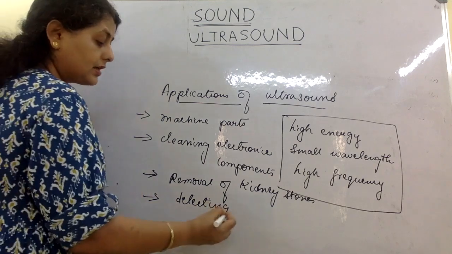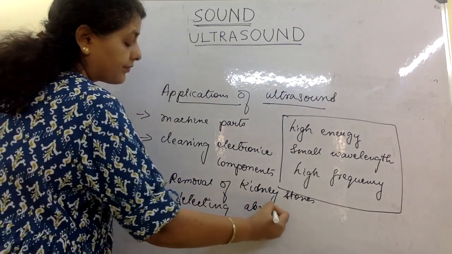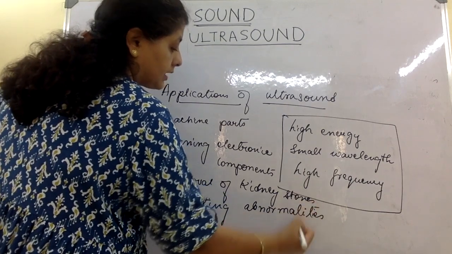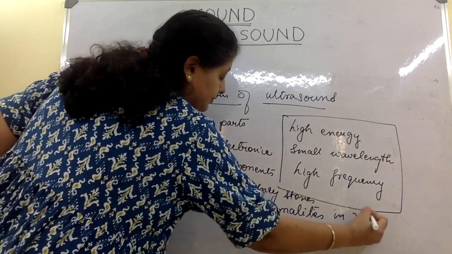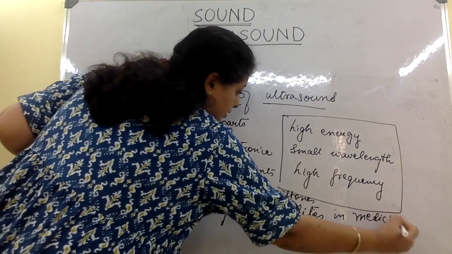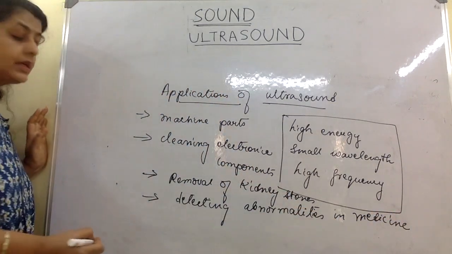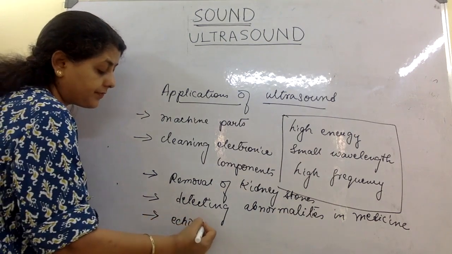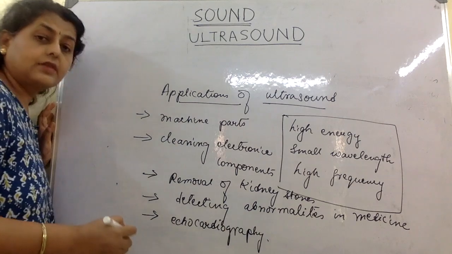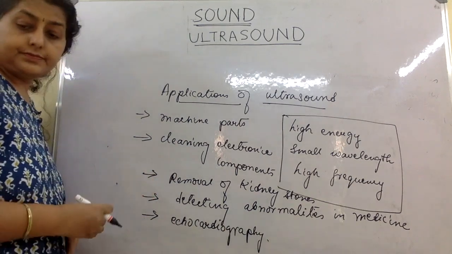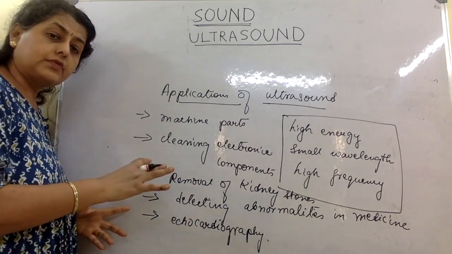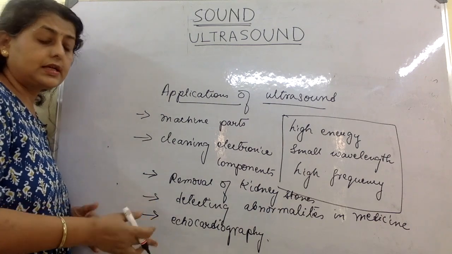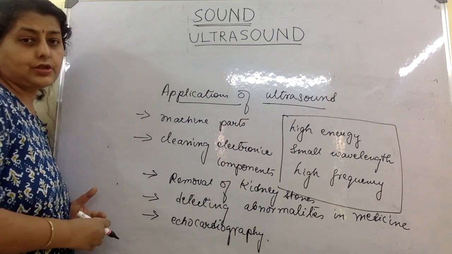So it is used for detecting abnormalities in medicine. Ultrasound is also used in echocardiography, where they understand the functioning of the heart and its various parts. If something is wrong in the heart, they will understand it with the help of ultrasonic waves.